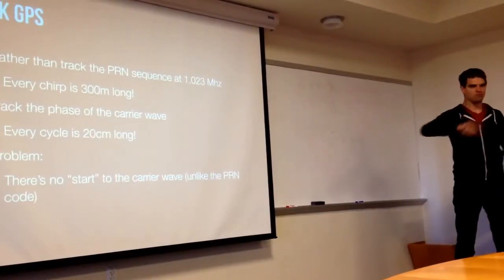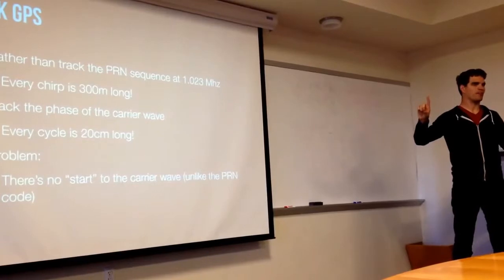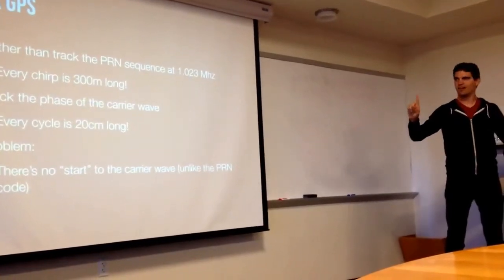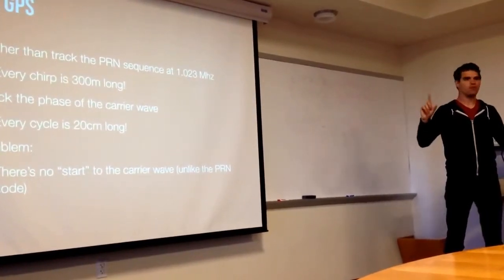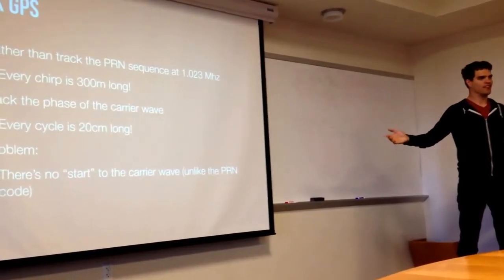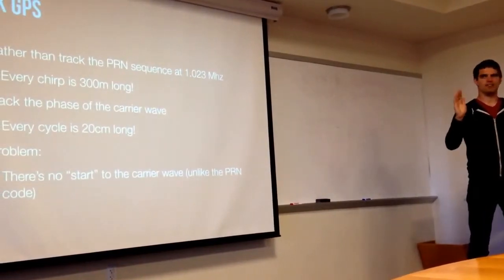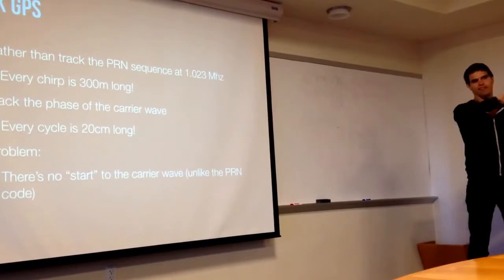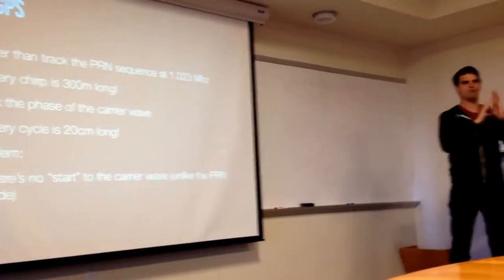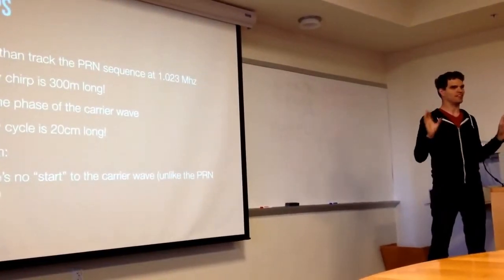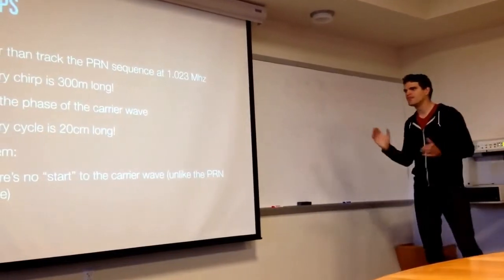Now, a single radio wave at 1.5 gigahertz is about 20 centimeters long, compared to a PRN sequence at 1 megahertz, which is 300 meters long. So if I can align myself to within 1% of a 20 centimeter wave, now I'm down at millimeter accuracy territory. This sounds awesome, right?